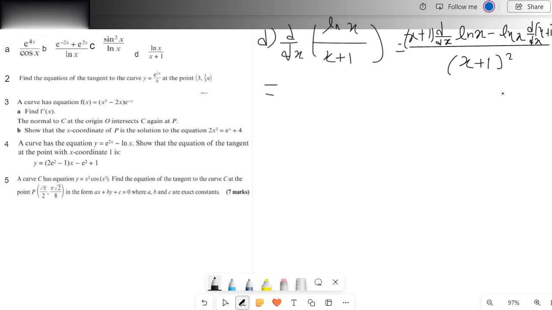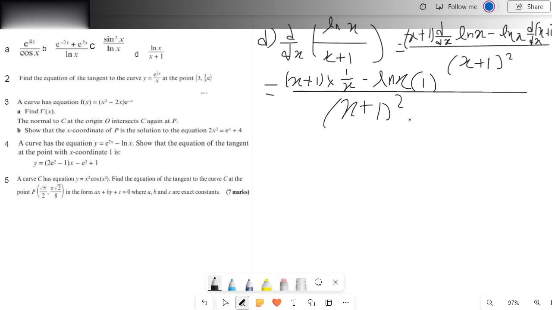So differentiating the expression, we have x plus 1 multiplied with 1 by x, as the derivative of ln x is 1 by x, and then ln x multiplied with 1, as the derivative of x is simply 1 and the derivative of any constant, which is 1 here, is 0, and then whole divided by x plus 1 whole squared.